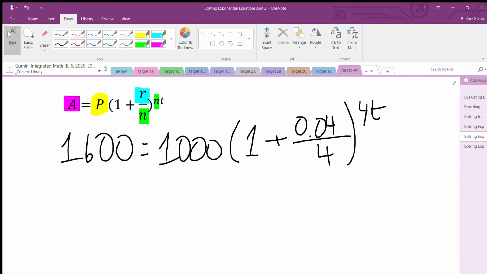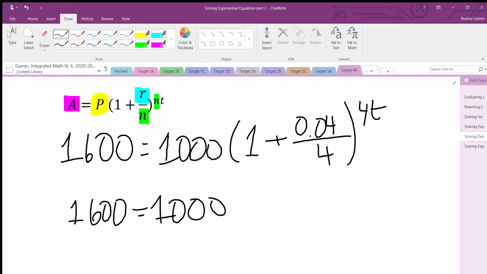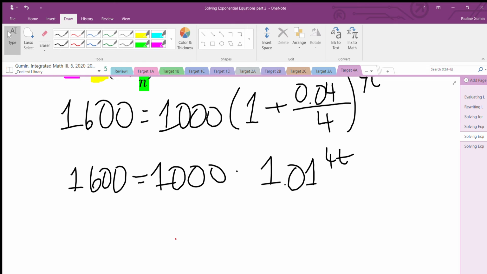Now, the first thing I'm going to do is simplify what's in the parentheses. So I put 1 plus 0.04 divided by 4 into my calculator, and I got 1.01 to the power of 4t. At this point, I'd like to get my exponent on its own.